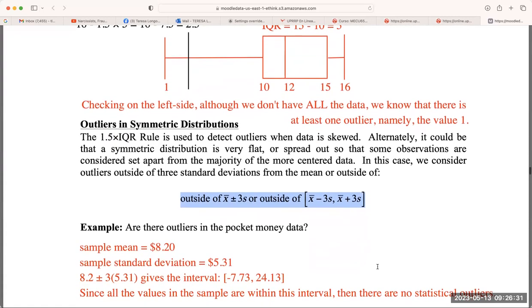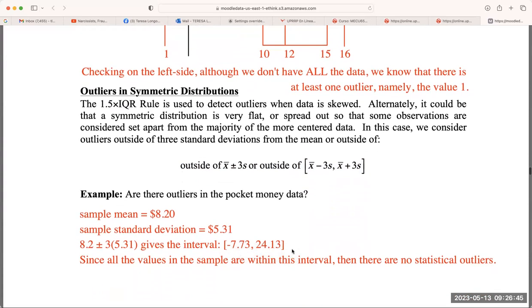So I asked to check for the outliers in the pocket money data, remembering the mean and standard deviation. This is where I calculate the standard deviation. Within 3 standard deviations, you find these values here. And so the data started at 5, I think, and went to 16.